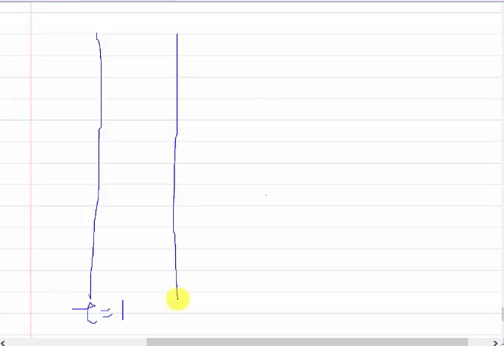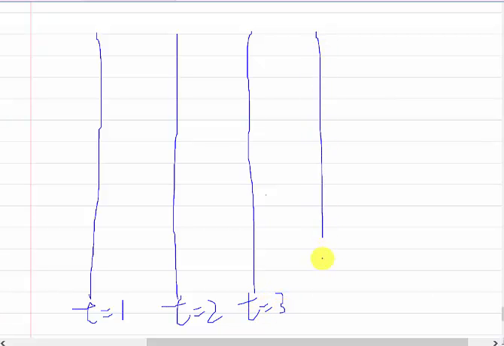Let me start to see. This is at the end of period 1, and then at the end of period 2, at the end of period 3, at the end of period 4. Okay? And we can keep doing it, but let's start to see what we can have.